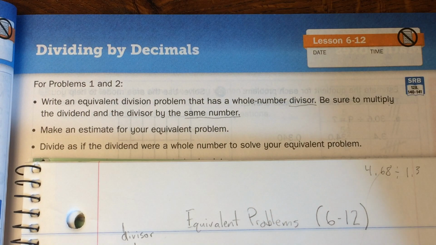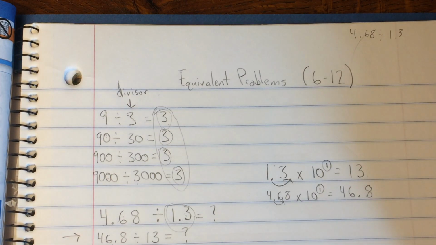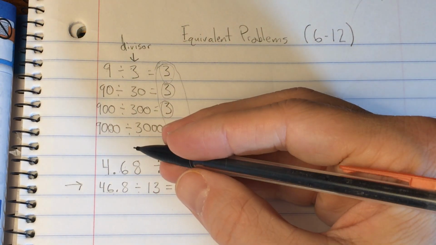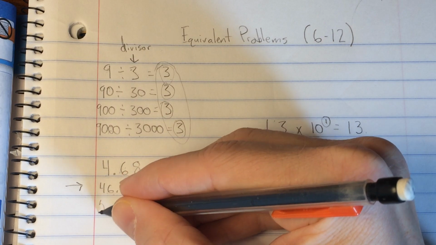Make an estimate for your equivalent problem. So let's take 46.8 divided by 13, and can we estimate to make this a little bit easier on ourselves? Can we round 46.8 to something that works a little bit easier for us? And you know how I love my tens. I'm going to round it up to 50.